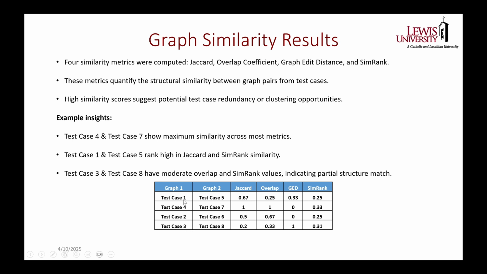Whereas test case 1 and test case 5 were also strongly related in structure. Meanwhile, test case 3 and 8 had moderate similarity, indicating partial overlap. These insights help prioritize tests and optimize coverage.